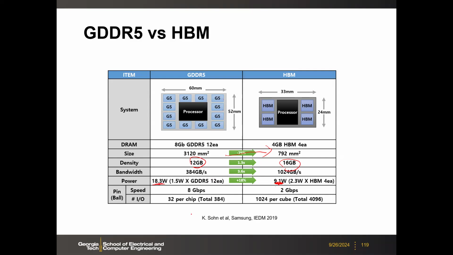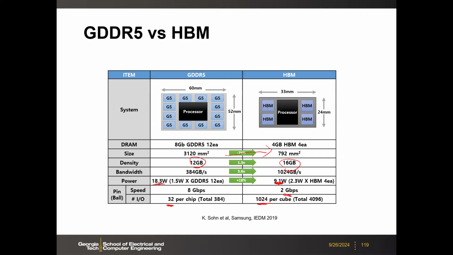So here the key is that for GDDR, they actually use 32 pins per chip instead of 64 for the regular DDR. But then each is much higher speed per pin. If you recall, the GDDR data rate per pin is higher, like 8 gigabits per second. And compared to the HBM, each pin is lower speed, but you have much more pins, right?